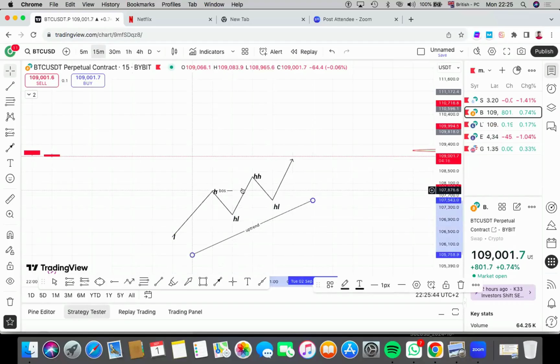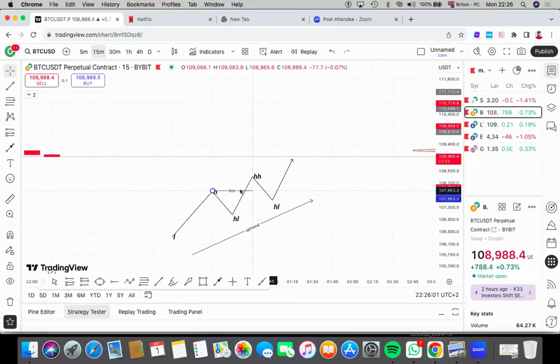And then for us to have an uptrend, market has to break structure to the upside. Which means this high here has to be broken to create a new high for us to have a valid structure.